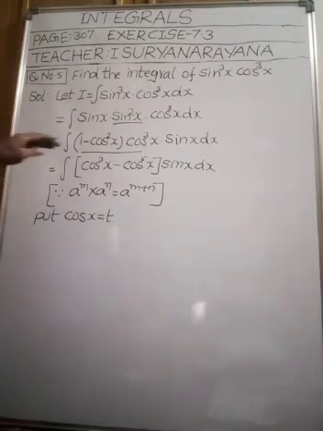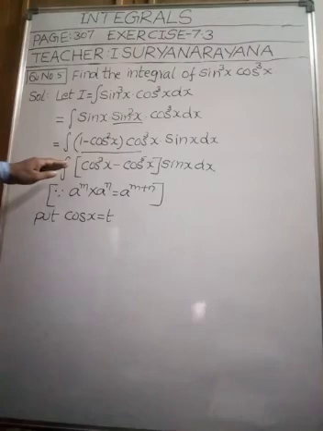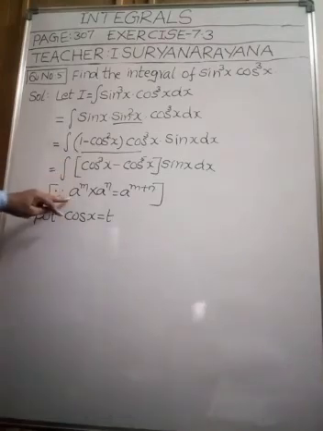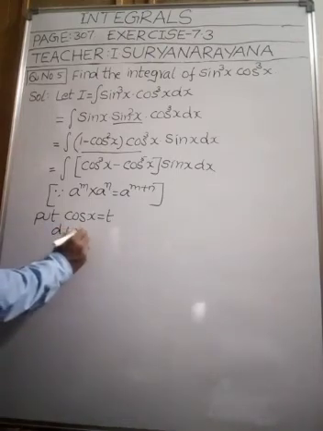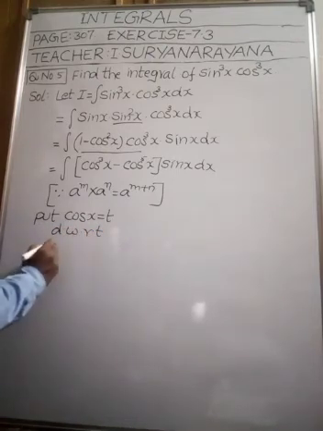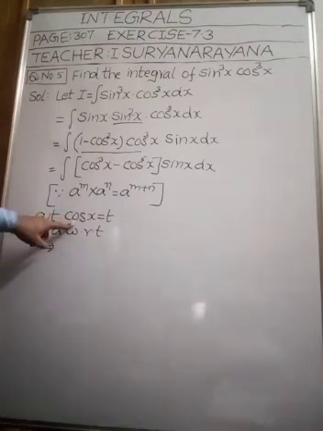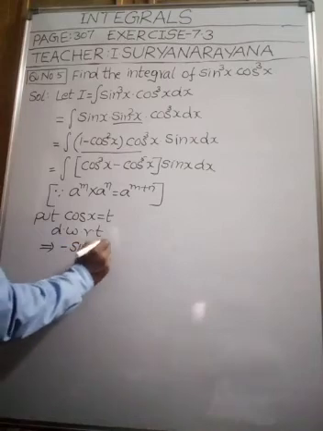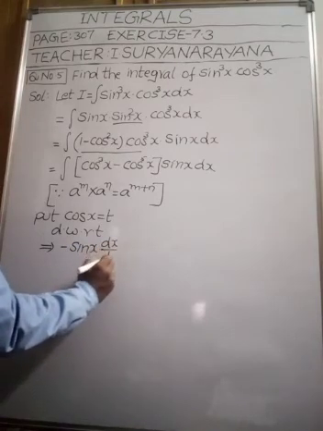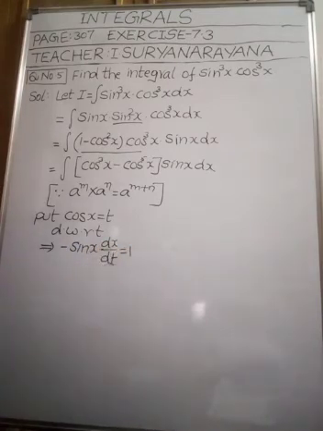Here I am using the integration by substitution method. Okay, my children. Put cos x is equal to t. Then what will you get? Differentiating with respect to t, then what will you get? What is the derivative of cos x? Minus sin x into dx by dt is equal to 1.